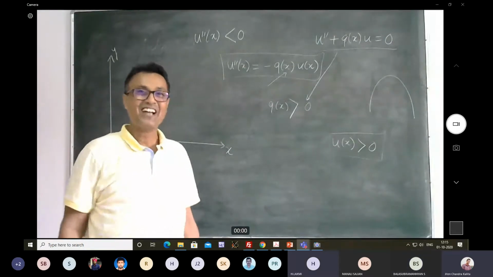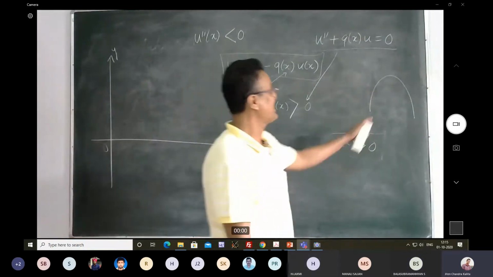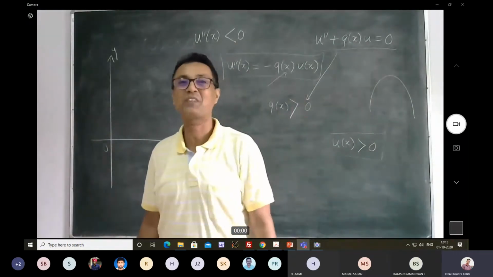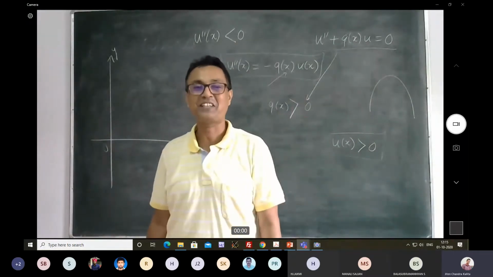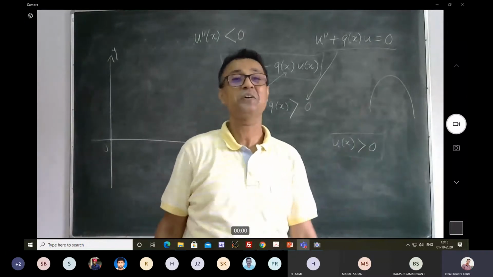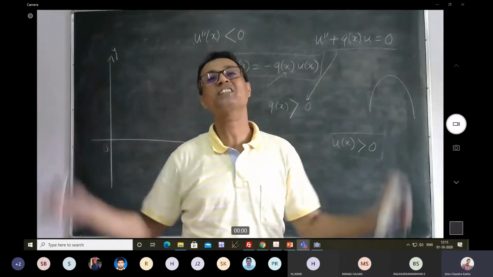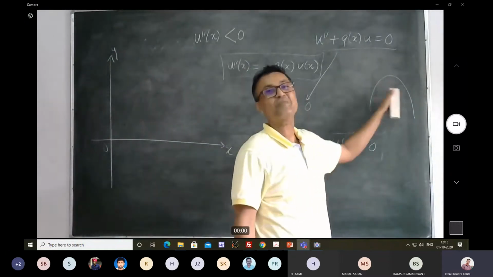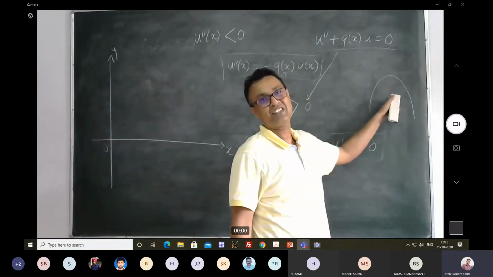Actually, it was pretty easy for me to draw a concave downward curve like that. But if I consider the entire real line, or a very big interval, I don't know how this curve is going to behave in the entire interval.